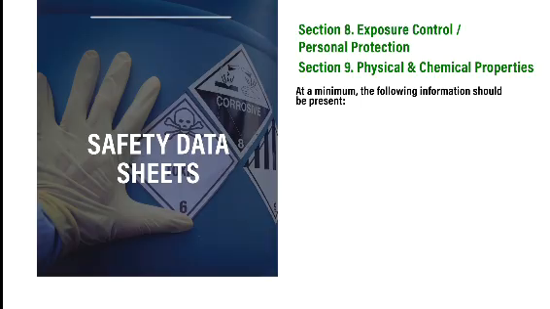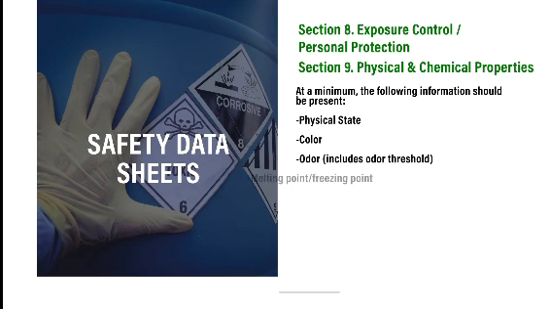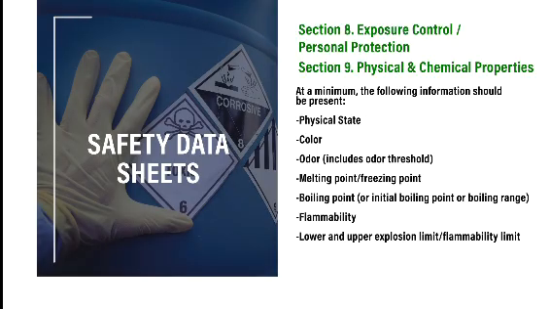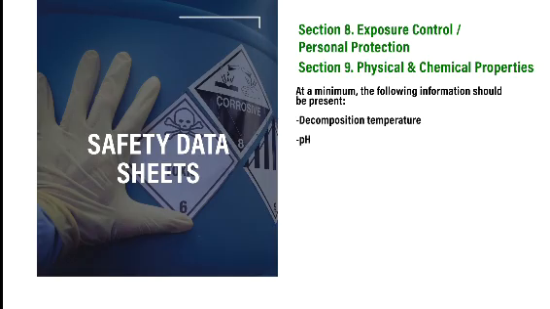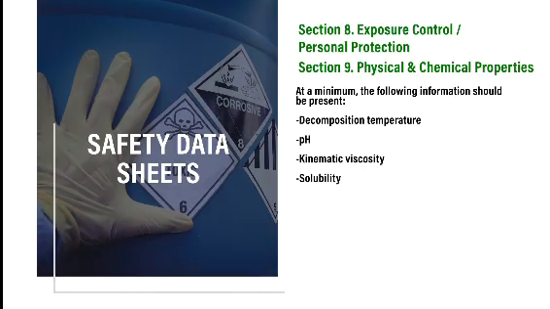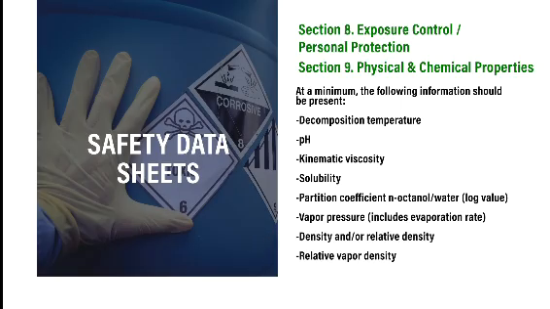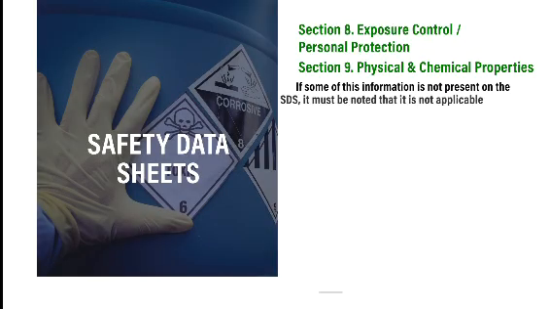At a minimum, the following information should be present: physical state, color, odor, melting point or freezing point, boiling point, flammability, lower and upper explosion limit or flammability limit, flash point, auto-ignition temperature, decomposition temperature, pH, kinematic viscosity, solubility, partition coefficient, vapor pressure, density, relative vapor density, particle characteristics. If some of this information is not present on the safety data sheet, it must be noted that it is not applicable or not available.